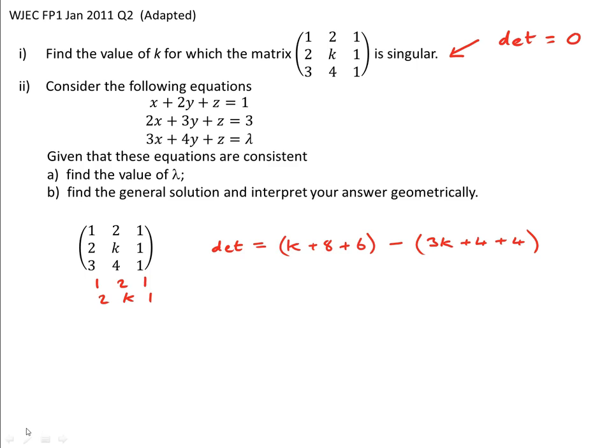So the determinant is k plus 8 plus 6, take away 3k plus 4 plus 4, which simplifies to 6 minus 2k. If the determinant is 0, which we need if the matrix is going to be singular, then the value of k must be 3.